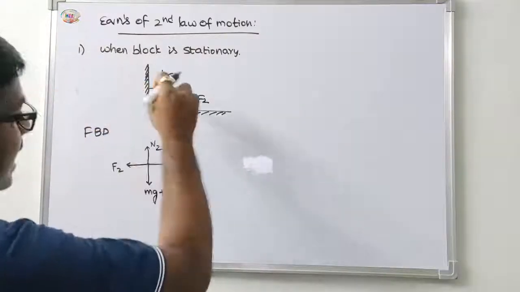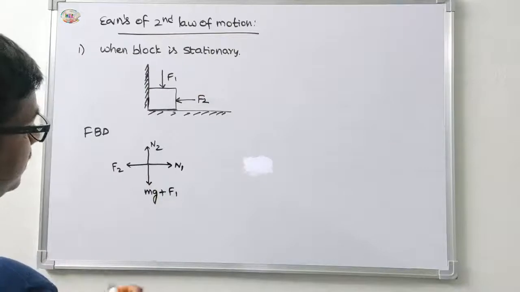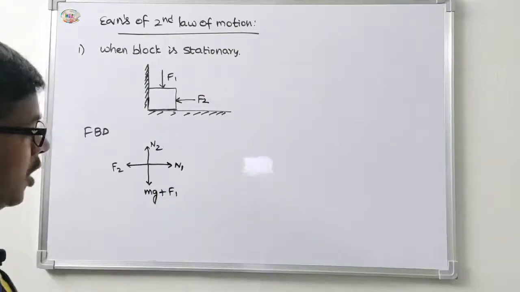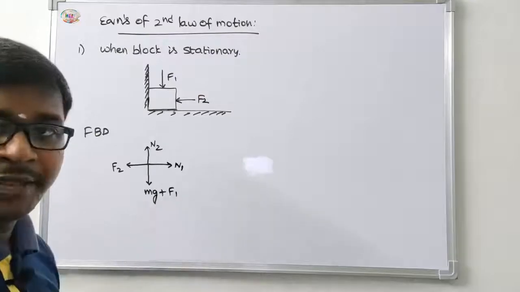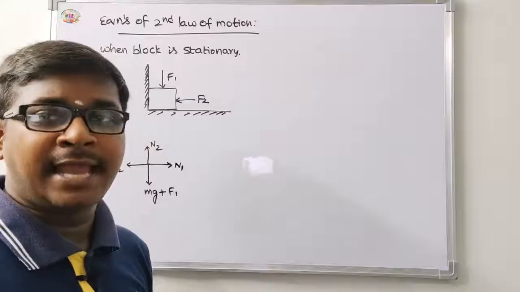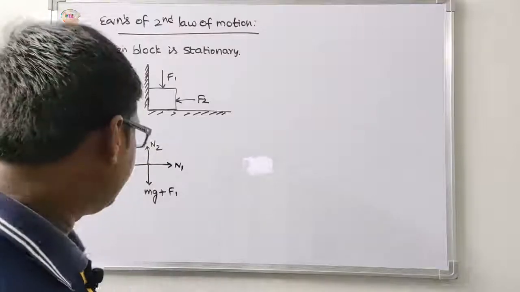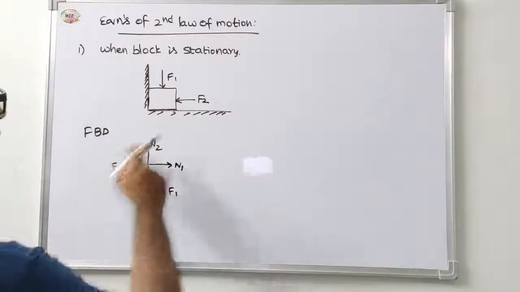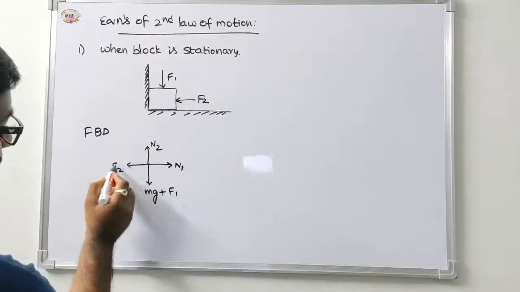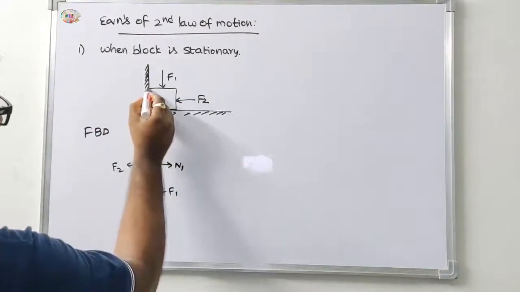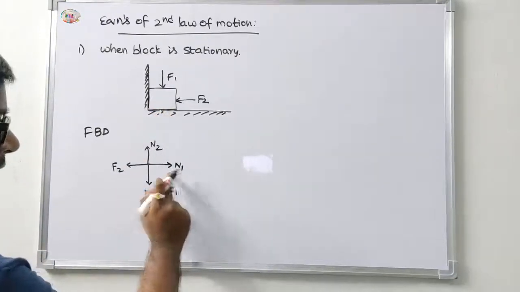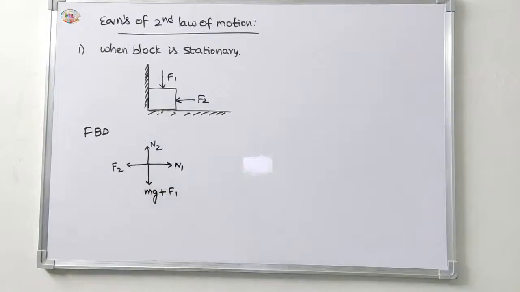The normal force is also called the reaction force or normal reaction. F1 is acting downward. Mg plus F1, where weight is the non-contact external force and always acts vertically downwards. The F2 force acts in this direction. The block and wall are in contact, and N1 acts in this direction.